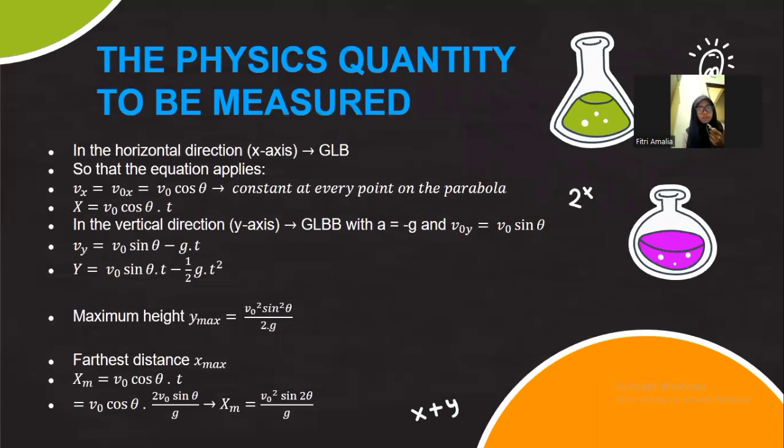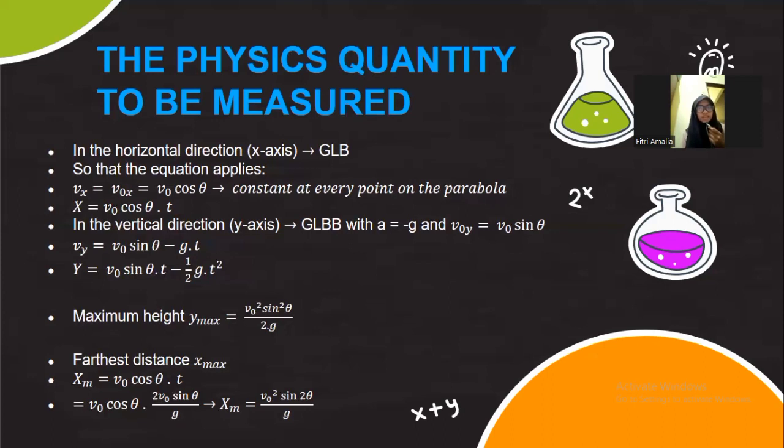The next is about the physical quantities to be measured. In the horizontal direction or x-axis, that is GLB, or uniform straight motion. So the equation that applies is Vx equals V0x equals V0 times cos theta. It is constant at every point on the parabola, where x equals V0 times cos theta times t.